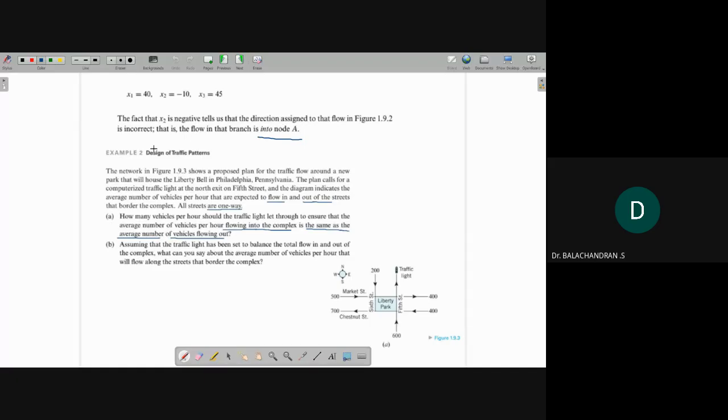Next problem: design of traffic patterns. Please write this question.